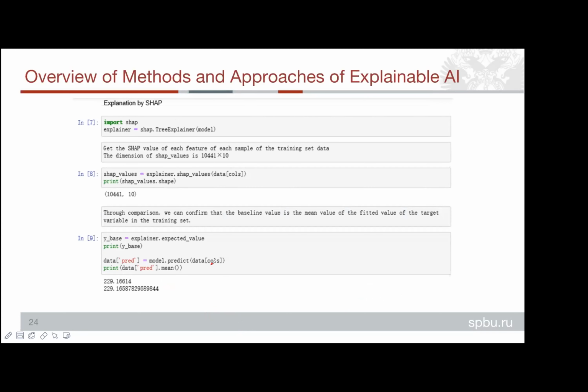After successfully importing SHAP, we get the SHAP value of each feature in the training set data. Because there are 10,441 samples and 10 features in the data, the dimension of the SHAP value is like this.